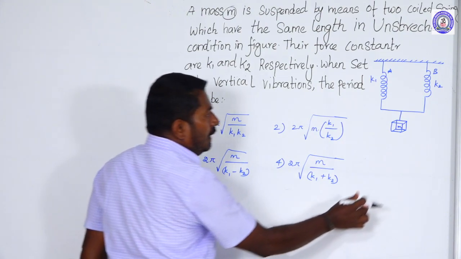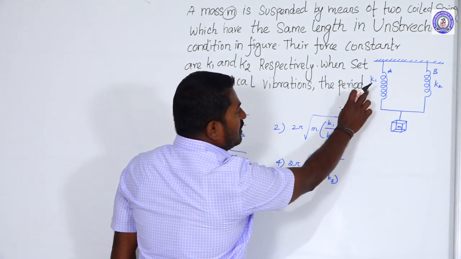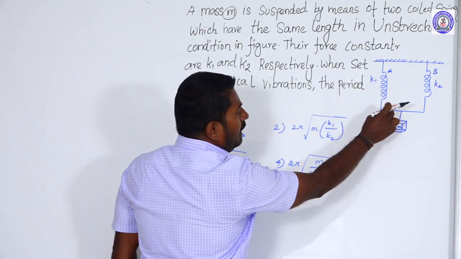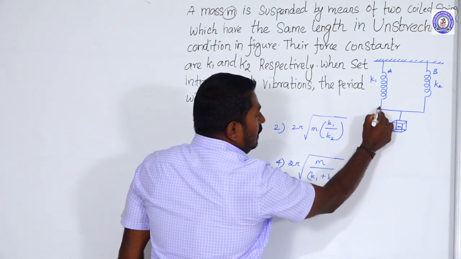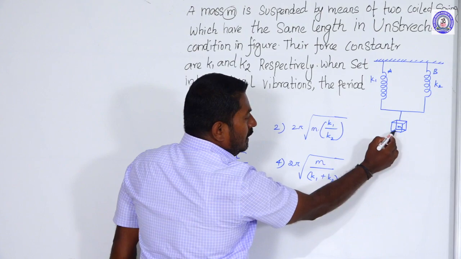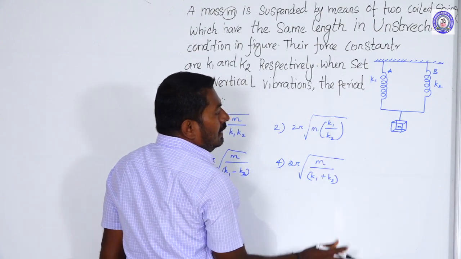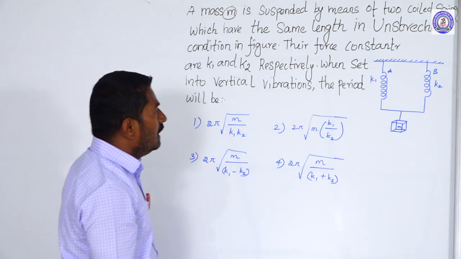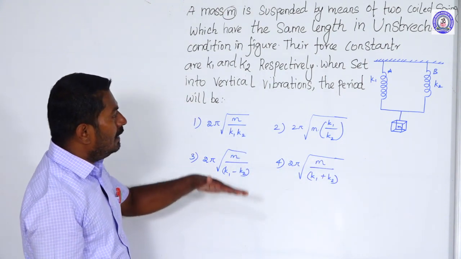See, there are two springs with spring constants k1 and k2 connected in parallel combination, and the lower ends of the springs are connected with the load of mass M. When set to vibrate, it oscillates vertically executing simple harmonic motion. Then how do we calculate the time period?